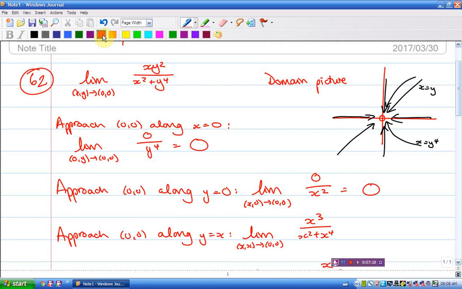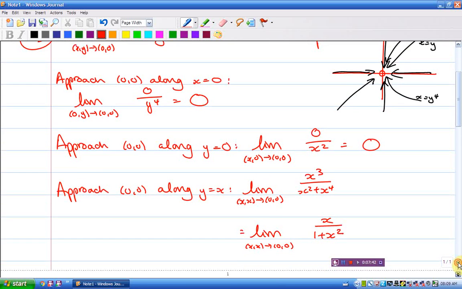I find a domain picture very helpful in keeping in my head where my paths are, and because sometimes even which quadrants the path is passing through can be important in how you structure your limit calculation. So I find a domain picture quite useful myself.